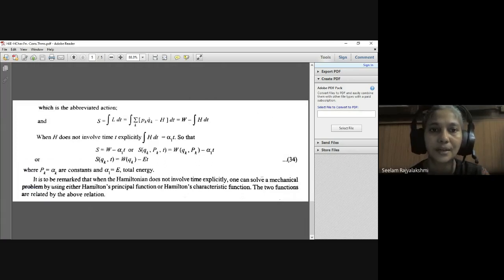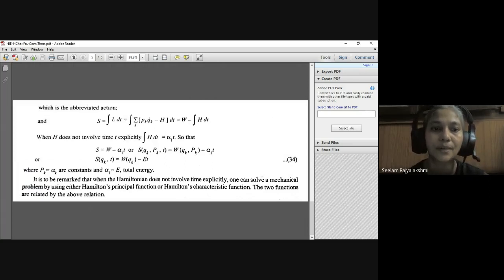So S = ∫Σk(pk q̇k - H) dt, since L can be written as pk q̇k - H. So W minus ∫H dt, where H does not involve time, so ∫H dt = α1 t. So S = W - α1 t, or S(qk, t) = W(qk) - Et, where Pk = αk are constants and α1 = E, which is the total energy.